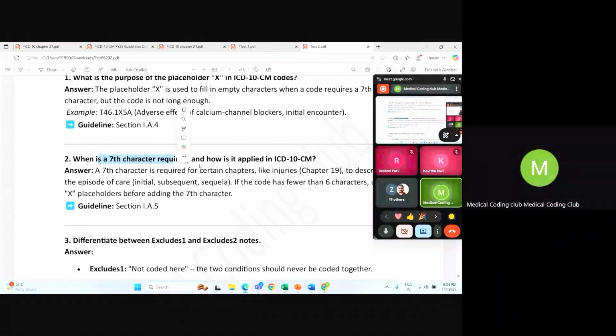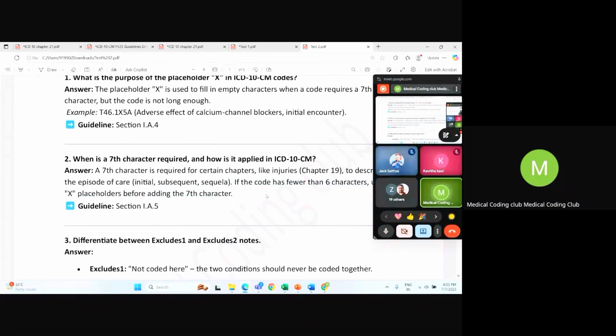When is the 7th character required and how is it applied in ICD-10-CM? The 7th character A, D, S tells you the stage of treatment or episode of care, whether it's an initial, subsequent, or sequela.